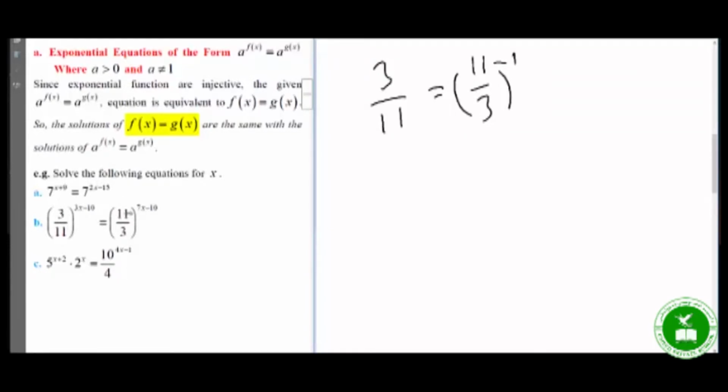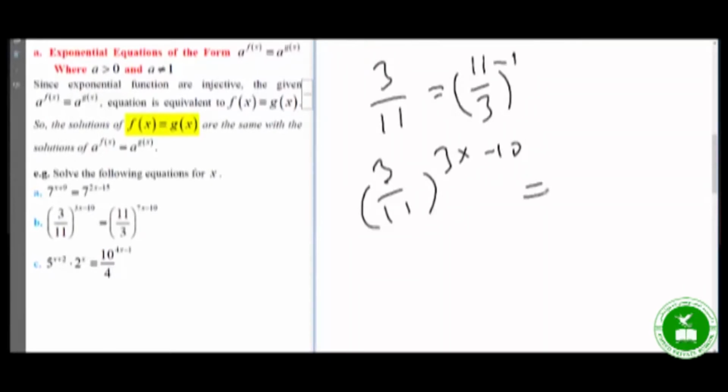So rewrite the equation. 3 over 11 to the power of 3x minus 10 is equal to 3 over 11 to the power of negative 1, completely to the power of 7x minus 10.